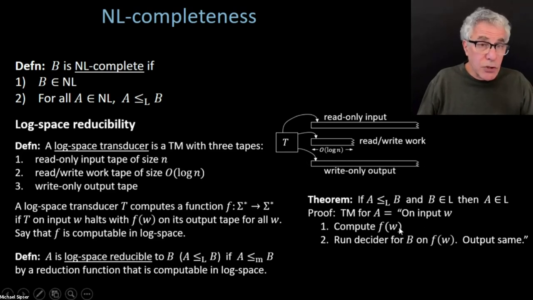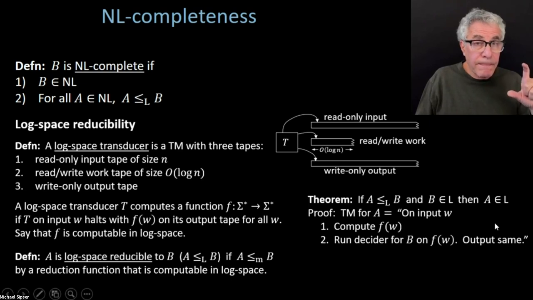You may not be able to store f of W in the log space memory for the machine that's deciding A. So this is an obstacle that we need to solve in order to prove this theorem, which we need, because that's the whole justification for doing these reducibilities.